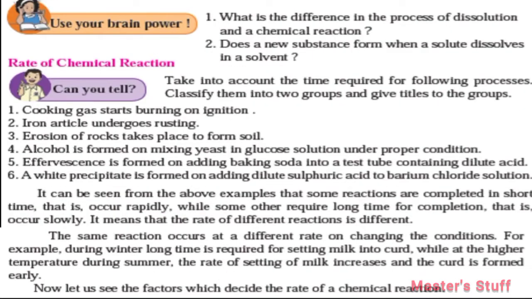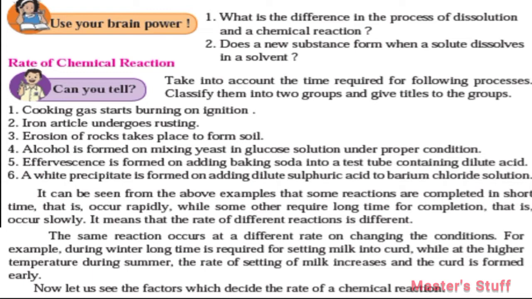Rate of chemical reaction. Here are few processes. Let's take into account the time required for these processes and classify them into two groups, that is rapid process or slow process.